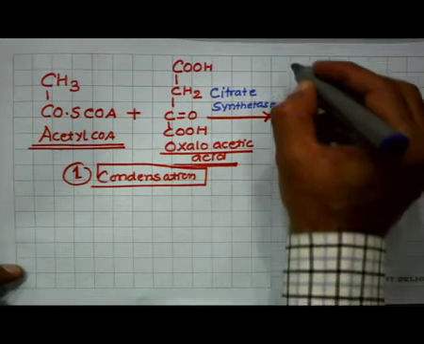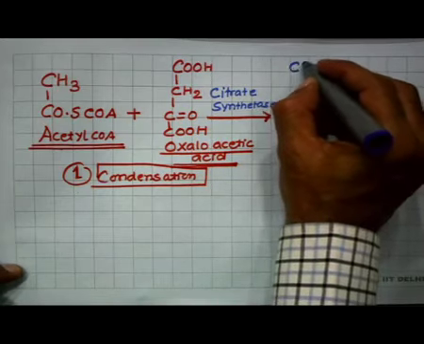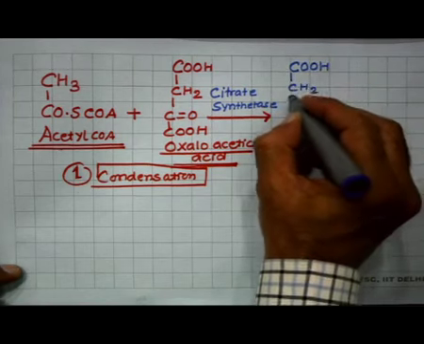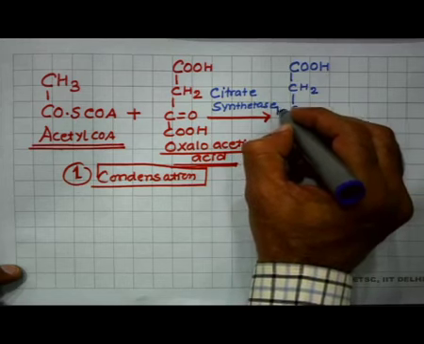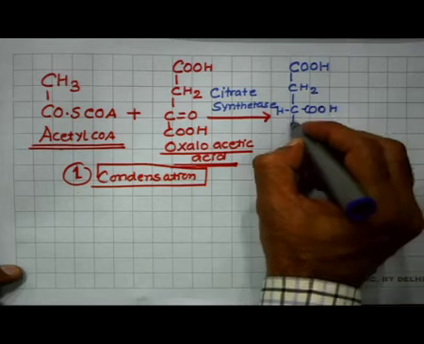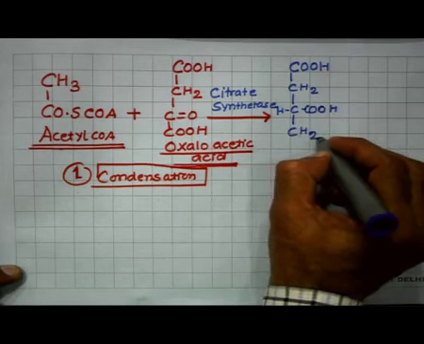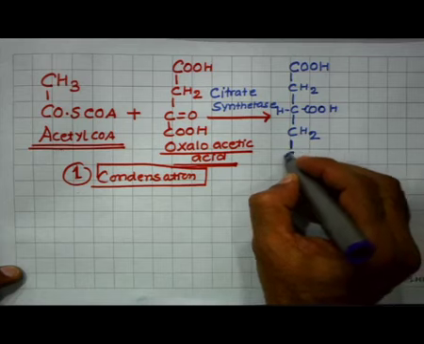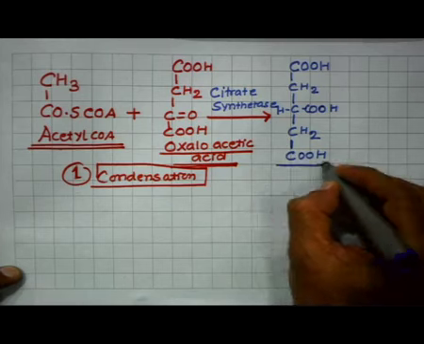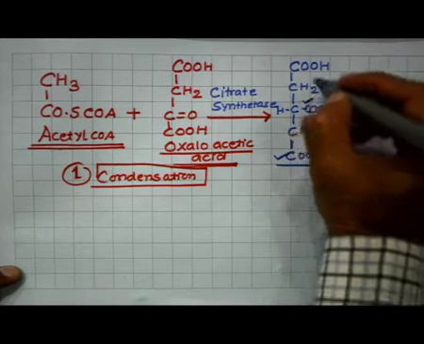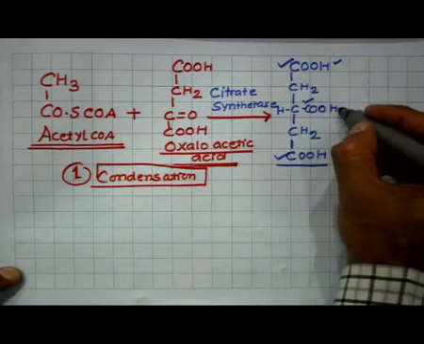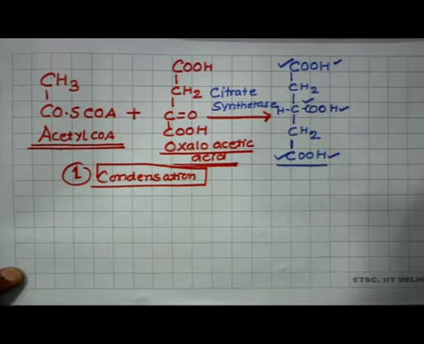And it forms citric acid, which is a 6 carbon compound: COOH, CH2, COOH. Here 3 acid groups are there, COOH group 1, 2, 3, so 3 carboxylic acids are there.